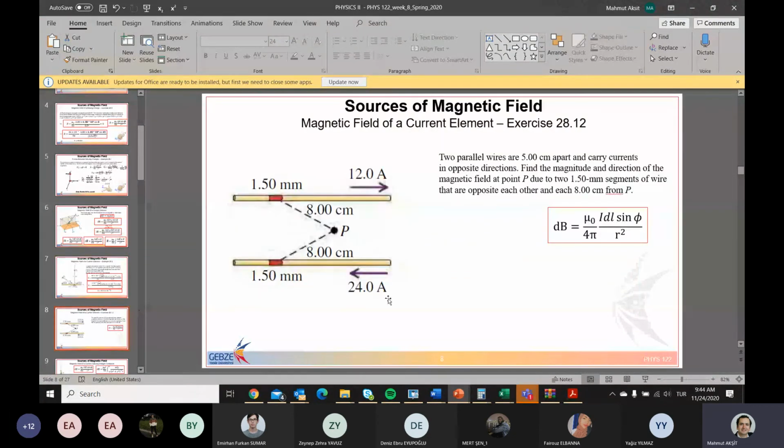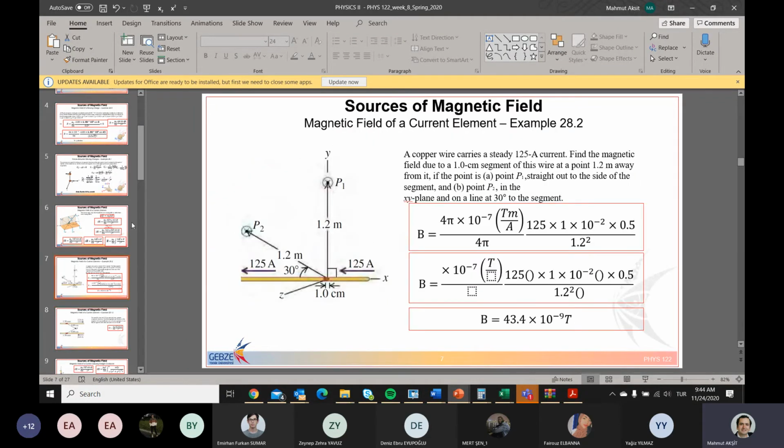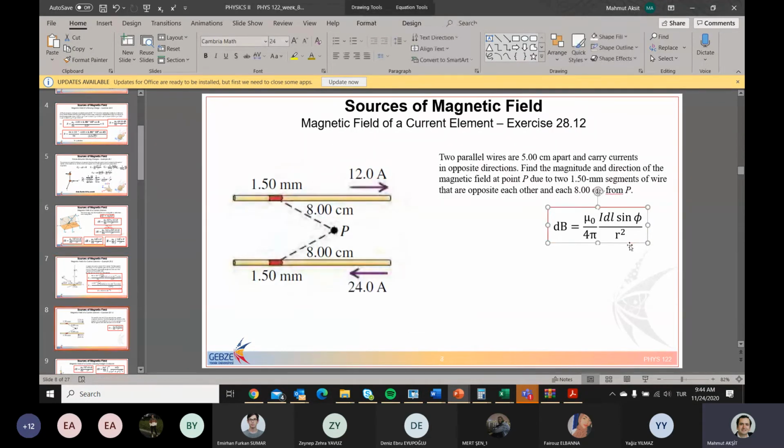So let's do this one. So we have now two parallel wires that are 5 centimeters apart, carrying currents in opposite directions. Find the magnitude and direction of the magnetic field at point P. So again, the equation just simplifies to B equals mu 0 I L sin phi over r squared.